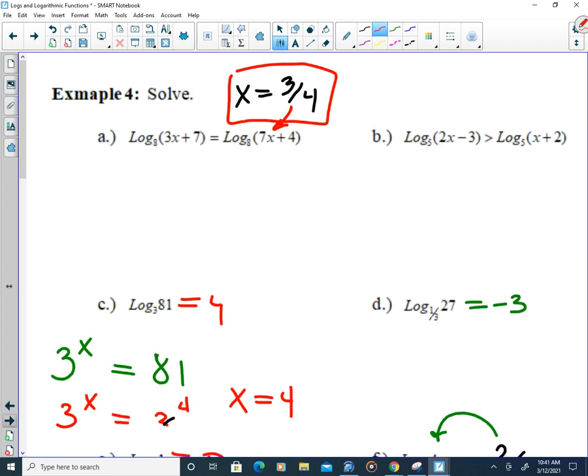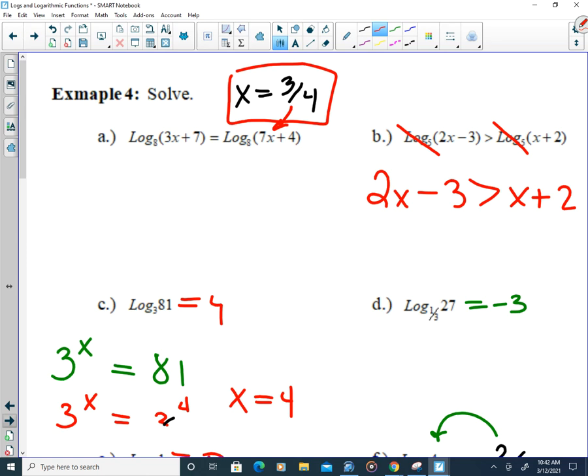All right, so B, we got log base 5 of the quantity 2x minus 3 is greater than log base 5 of the quantity x plus 2. So these logarithms will cancel each other out, and we just get this. 2x minus 3 is greater than x plus 2.